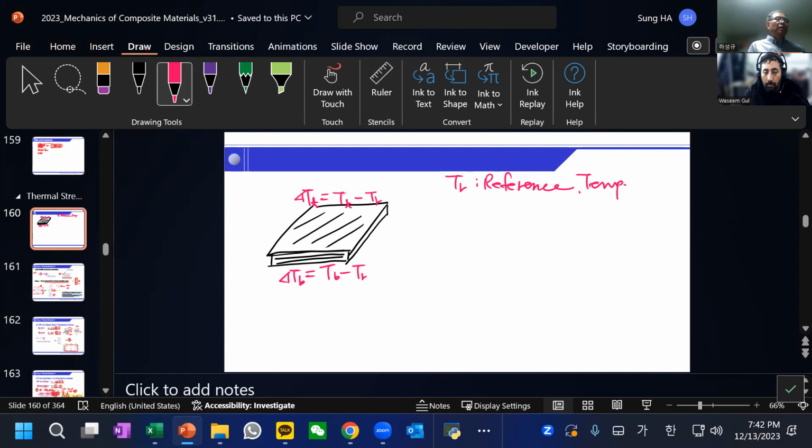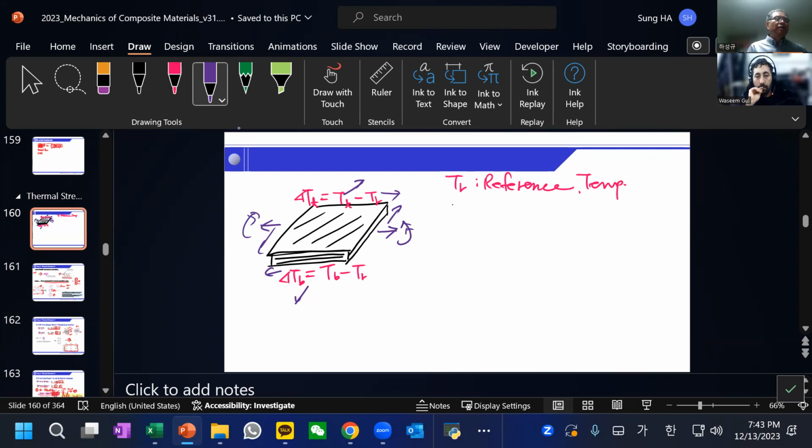And now what we would like to observe and solve is how this laminate will deform. For example, this laminate may expand this way. This deformation can be the strain or shear strain, or even curvatures, all kinds of curvature, I mean three curvatures.